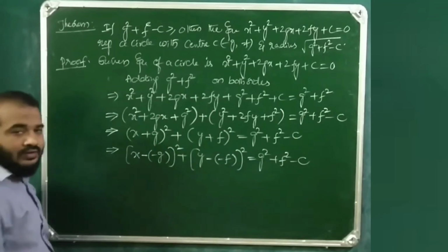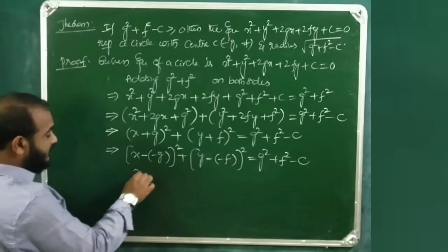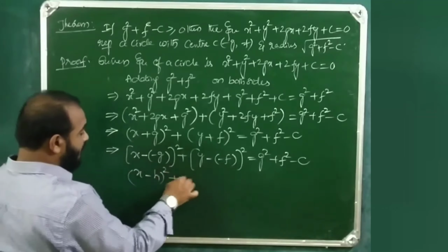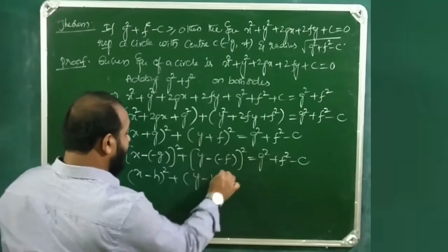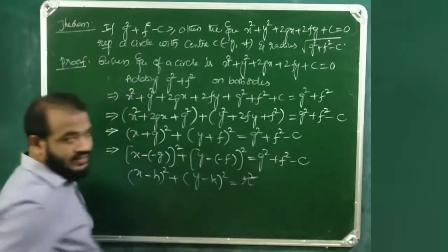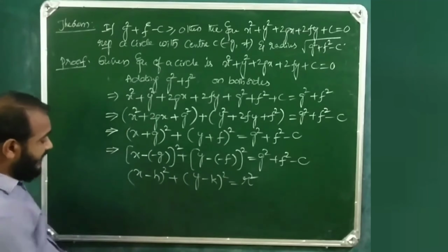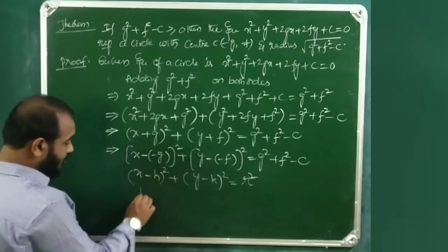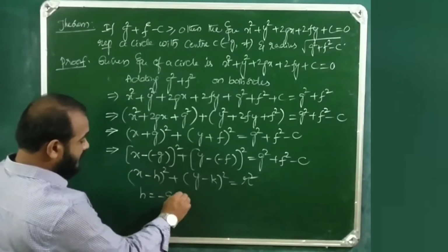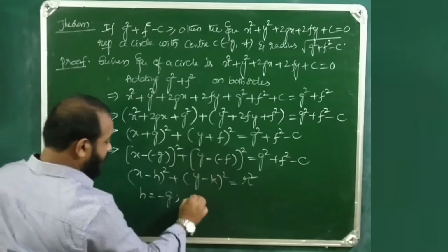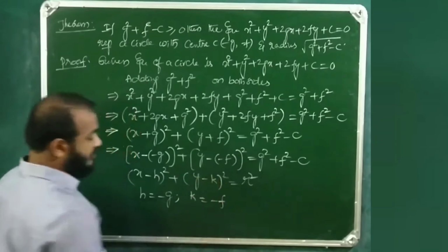This can further be written as x minus of minus g whole square plus y minus of minus f whole square equals g square plus f square minus c. When compared with x minus h whole square plus y minus k whole square equals r square, we get h equals minus g, k equals minus f.